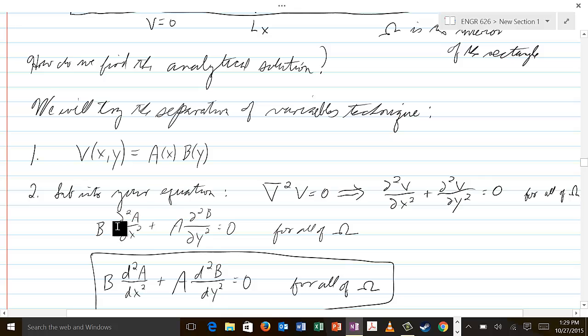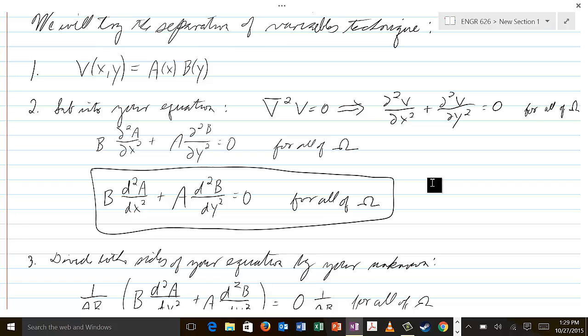So we have b times partial squared a partial x squared. And similarly, when we substitute a of x times b of y here, since this is a derivative only with respect to y, the a term can come outside, and we have a times partial squared b partial y squared.